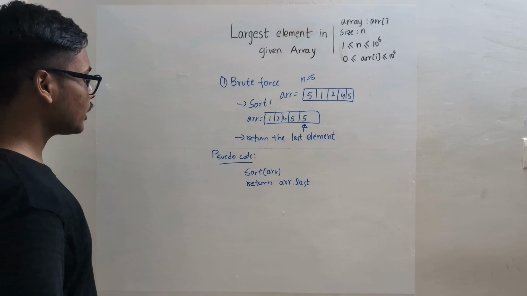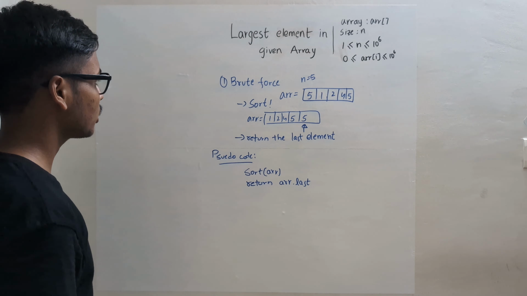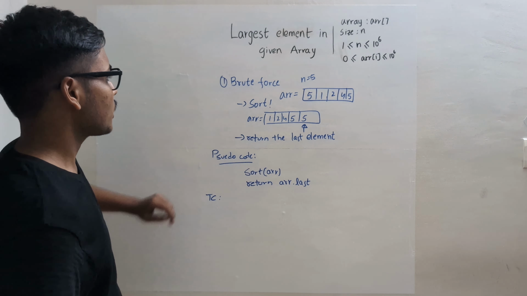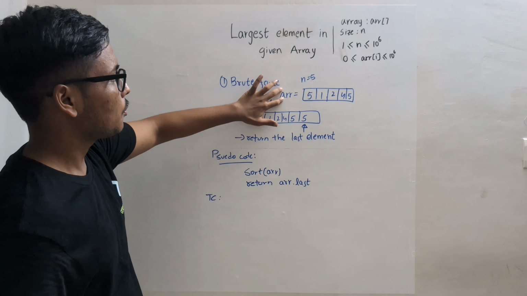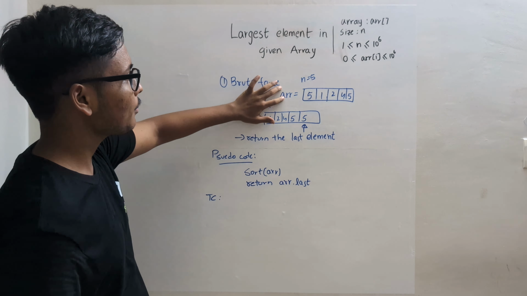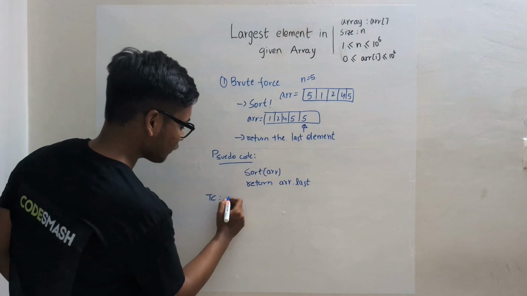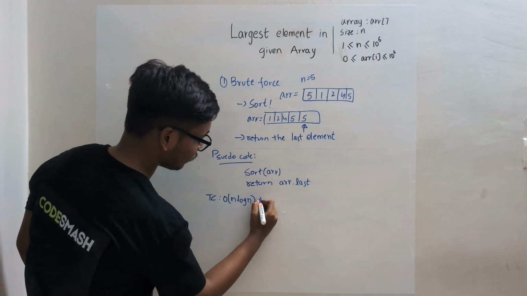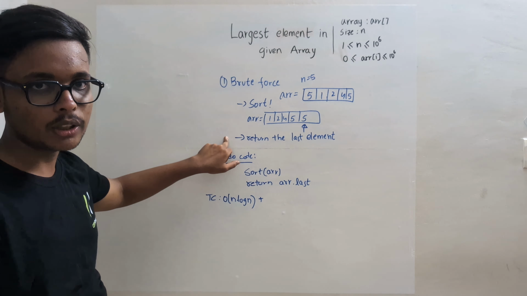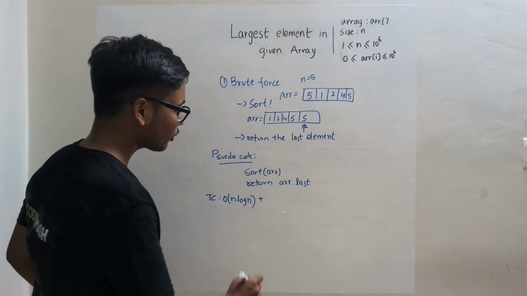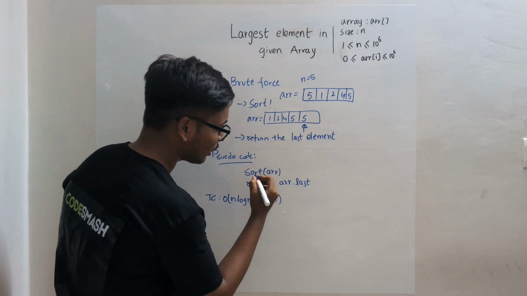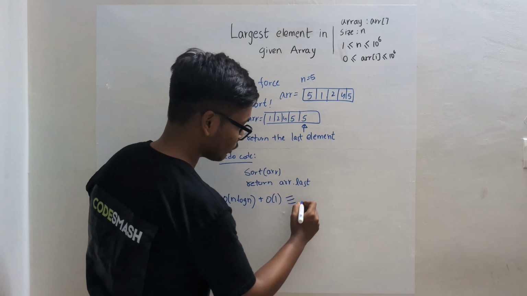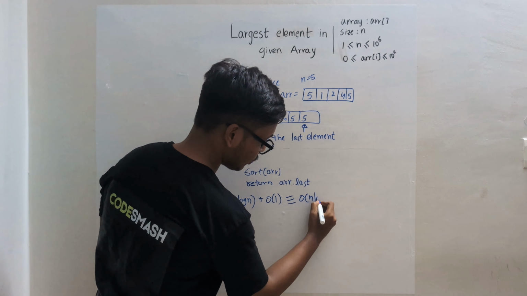Then if we look at the time complexity and space complexity of this approach, first let us find the time complexity. As we are sorting the array, the time complexity of sorting an array of size n will be O of n log n. And then we are returning the last element of the array, so that will be O of 1. Overall, the time complexity will be O of n log n.